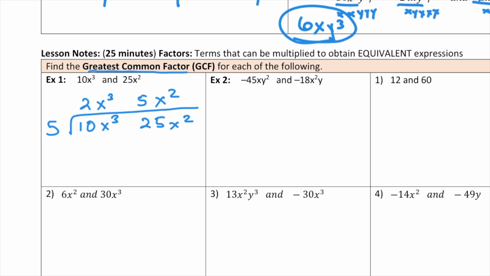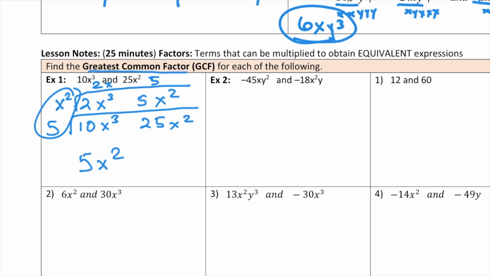Now how many x's do they have in common? They both have an x squared in common. So if I were to take the x squared out, what we see is that the GCF is 5x squared.